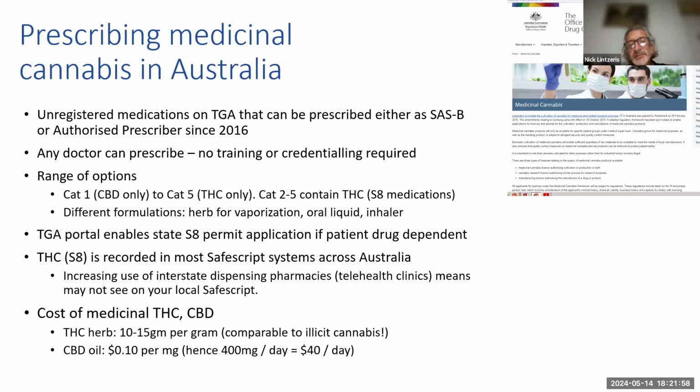If you're applying in New South Wales and you go through the TGA portal for your SAS-B, they've made it very simple that you can also apply for a state Schedule 8 permit. That's for New South Wales Health, if you believe the patient is drug dependent.